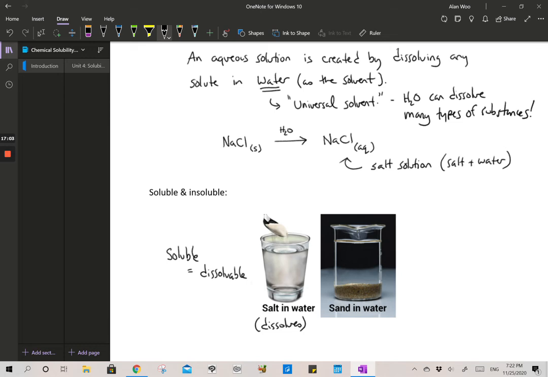So that means if something does not dissolve in water, so if something is undissolvable, we can also say that it's insoluble. So it means not dissolvable.